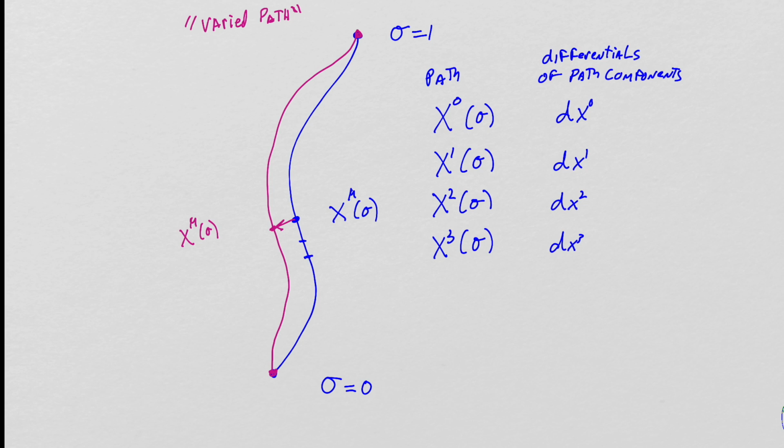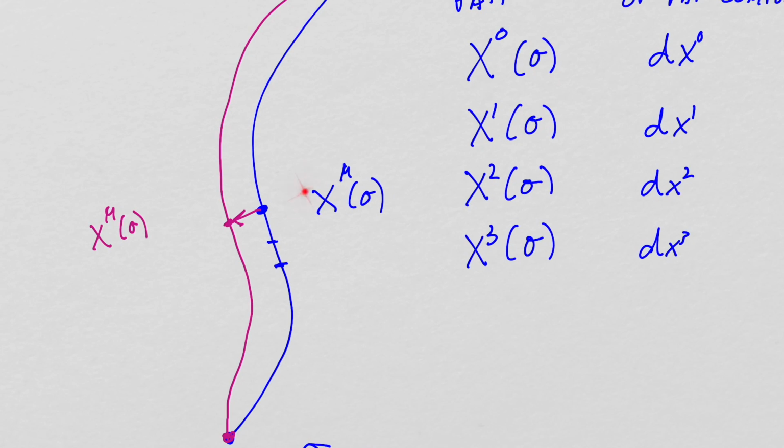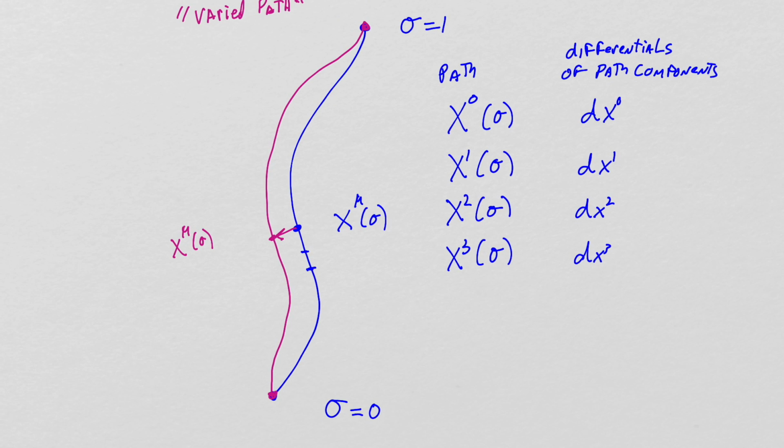And so that is the variation of the path. And what I'm basically doing is I'm taking the components of the path and I'm adding the variation to get the components of the varied path. And that's what I mean by delta x mu of sigma.